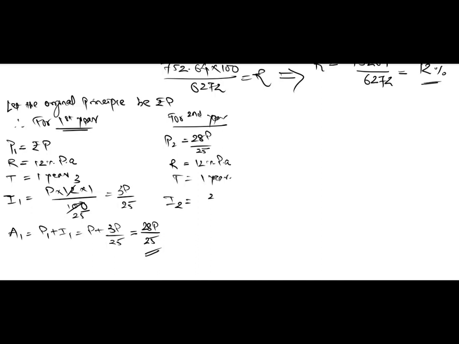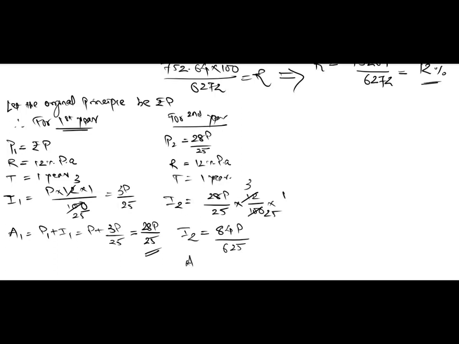I2 will be 28P upon 25 into R, which is 12 upon 100 into 1. Correct. So many things can be cut over here. 4 threes are 12, 4 twenty-fives are 100. So I2, the interest for the second year, will be 28 threes are 84 over 25 into 25, so 84P upon 625.